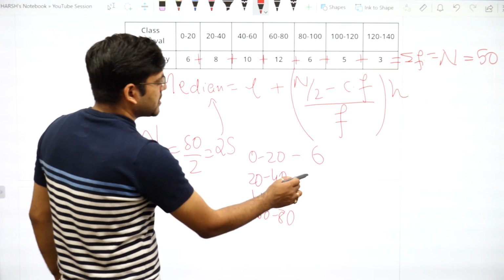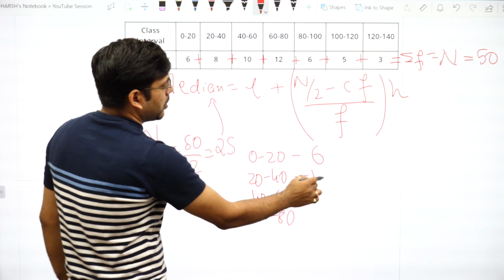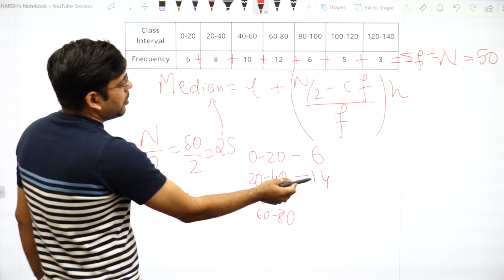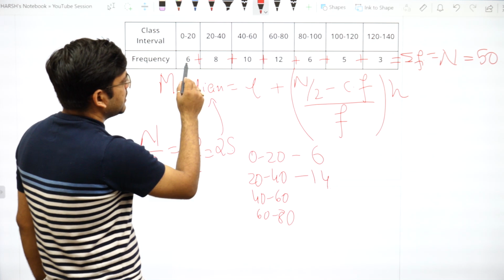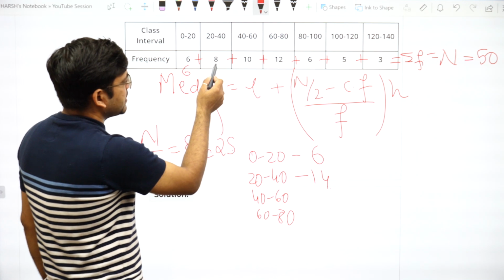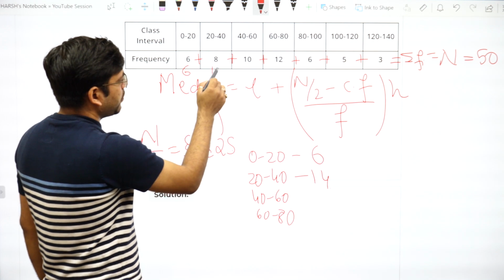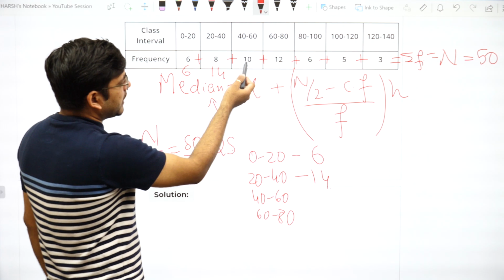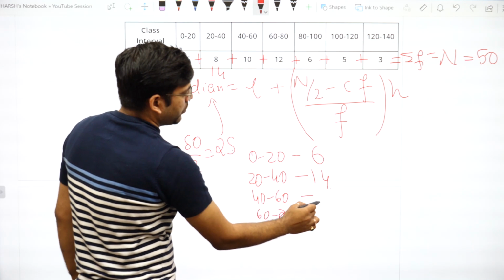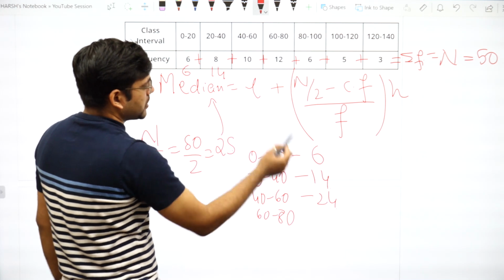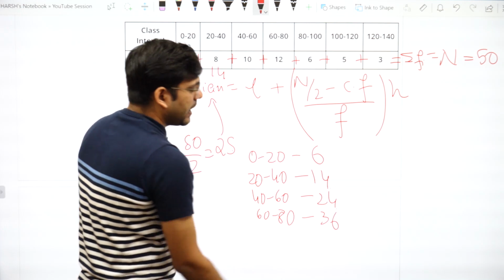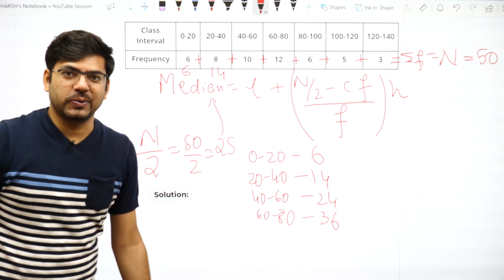So the next would be 6 plus 8, that is 14. Then this is not only 8 but 8 plus 6, that is 14. This is not only 10, but 10 plus 14, that is 24. Then 24 plus 12, that is 36. And so on. It goes like that only.